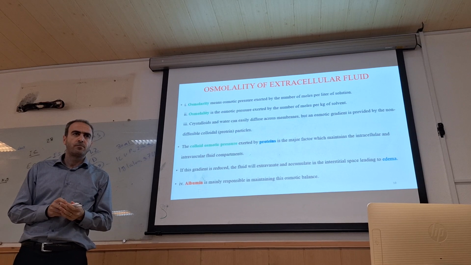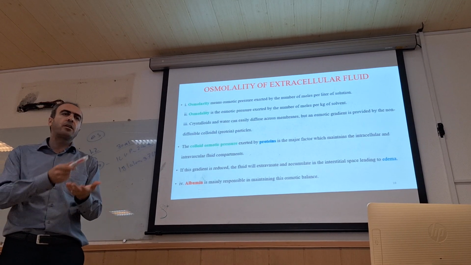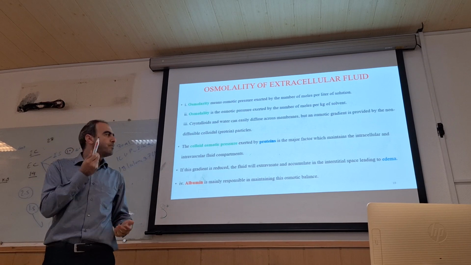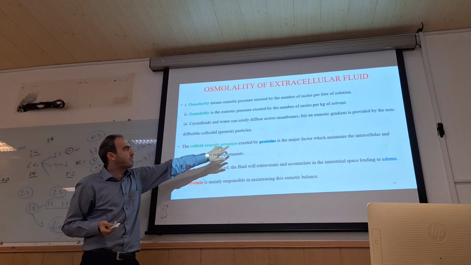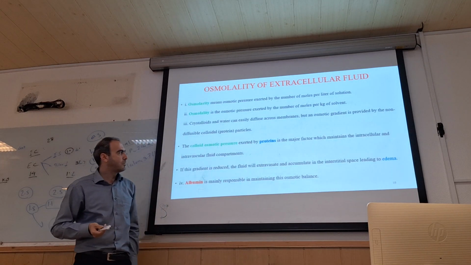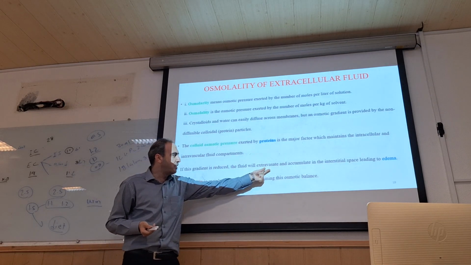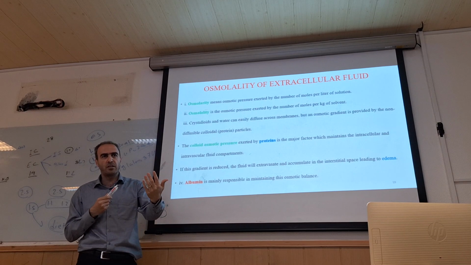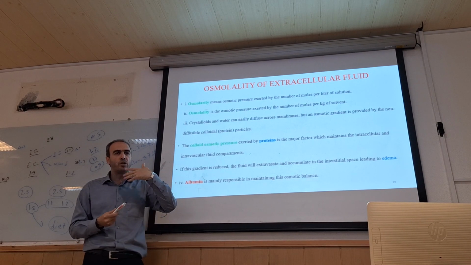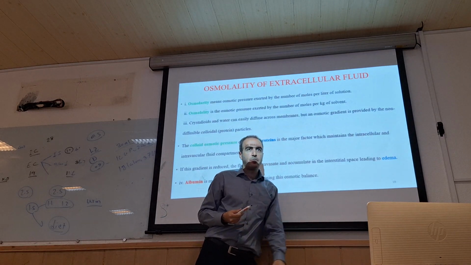What's crystalloid? Is it the different minerals? Yes, they are the minerals, like sodium and potassium. Colloid osmotic pressure is exerted by protein, as I mentioned. If this gradient is reduced, the fluid shifts between inside and outside the cell, and we lose a lot of water to the extracellular fluid, leading to edema.